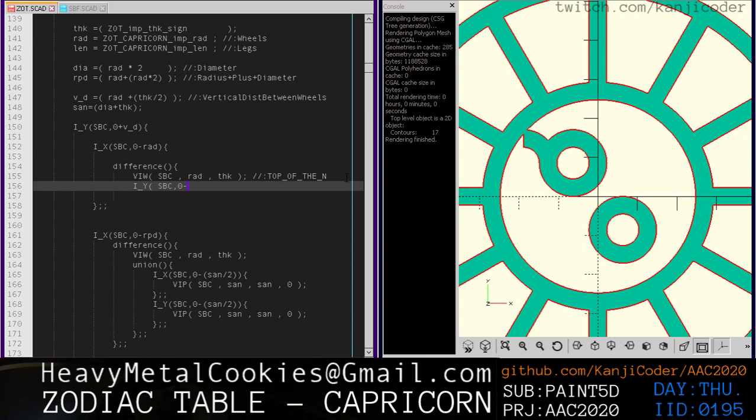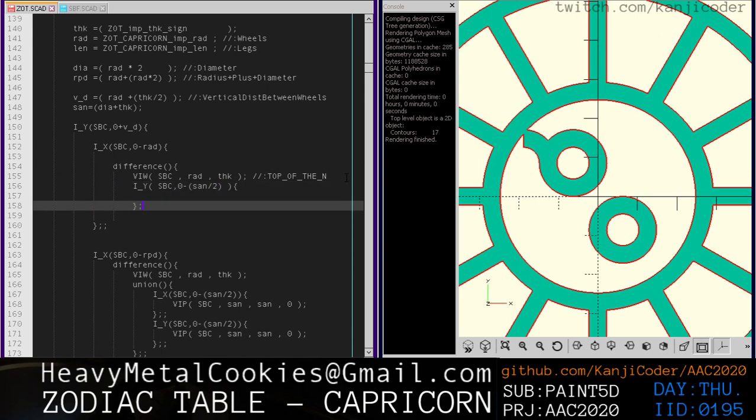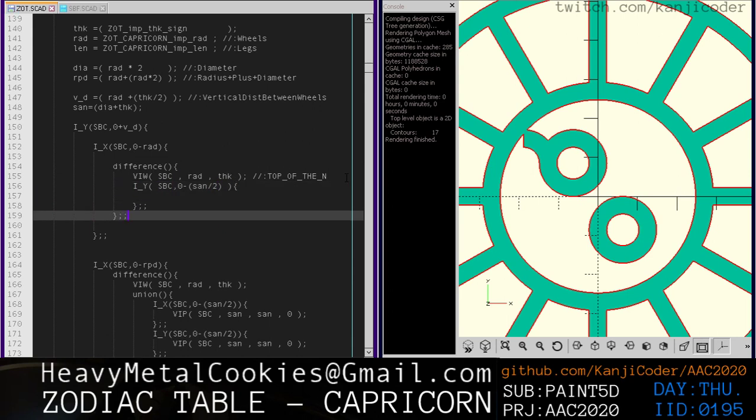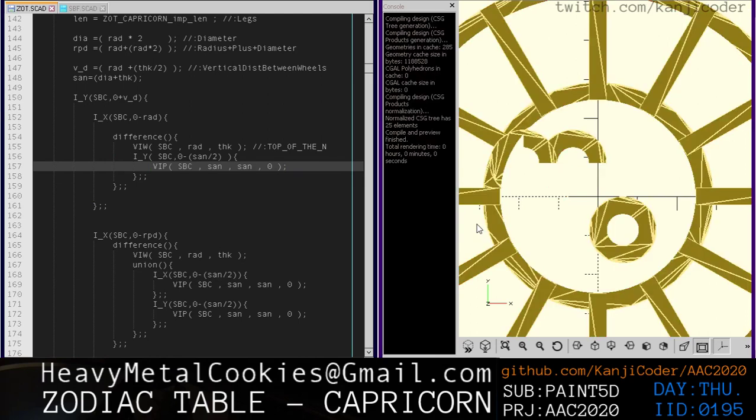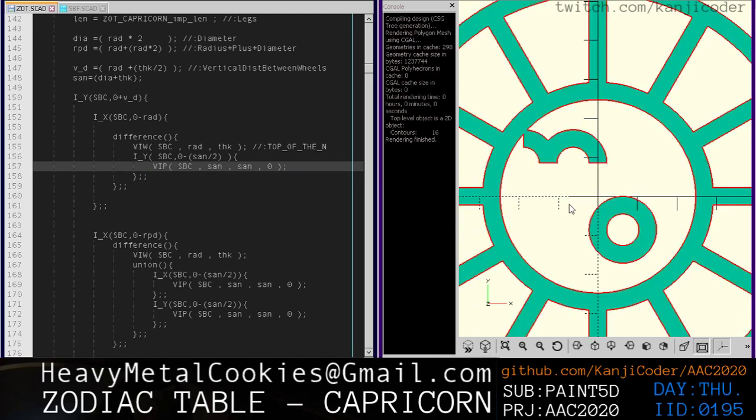Yeah, minus the span divided by 2, so same kind of math here. We'll put that in there. And what we want to do is this kind of pocket thing. So we're going to take the same exact pocket, put it right here. Okay, F4. Okay, cool. So now that's all good.